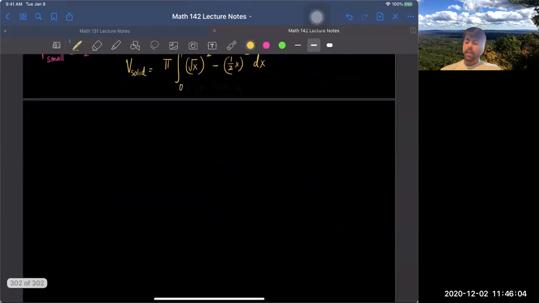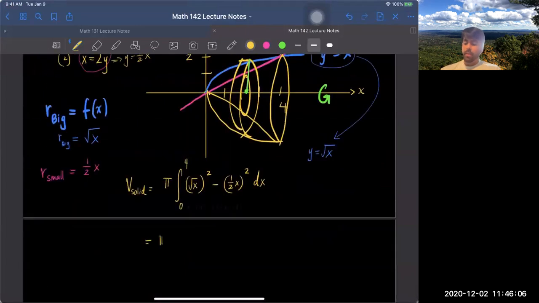And now I have a different formula. Now I have a different integral. So square root of x squared is x. 1/2 x squared would be 1/4 x squared. And this is from 0 to 4.